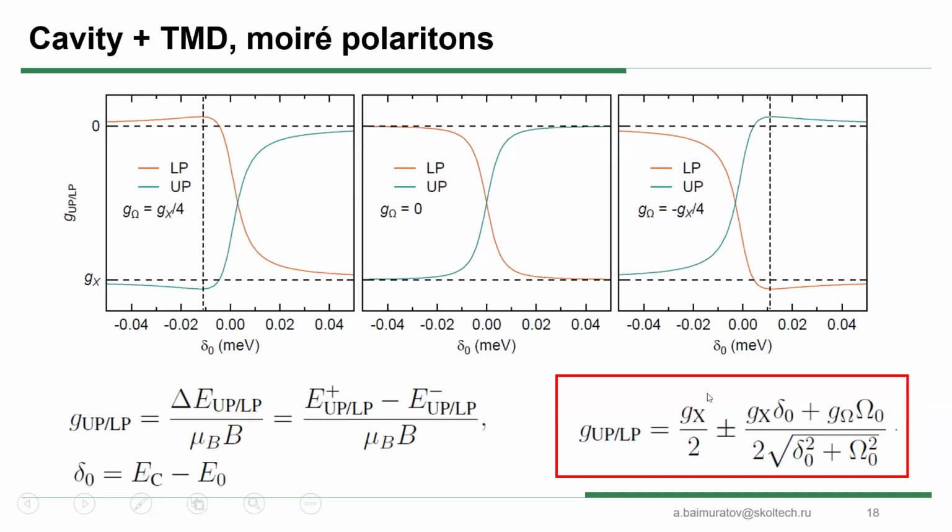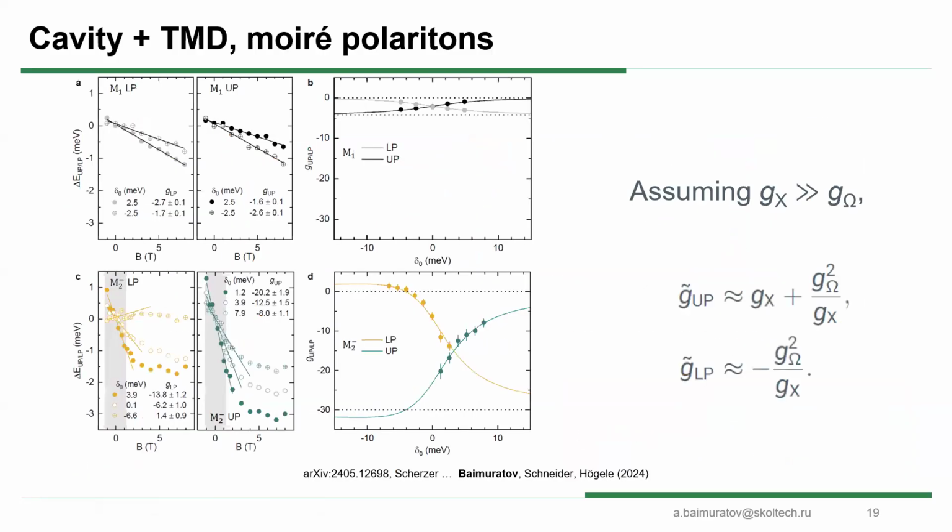Here you see the final formula for this G for these two branches. Do you see? Here. Well, yes, and it's easy to get. And if you assume that the G factor of the exciton is much larger than the G factor from Rabi splitting, you can even find values for how you can effectively increase your G factor, or how you can get this positive one.